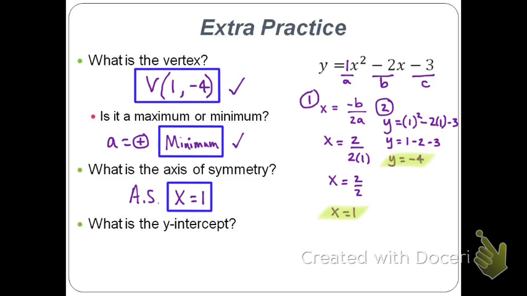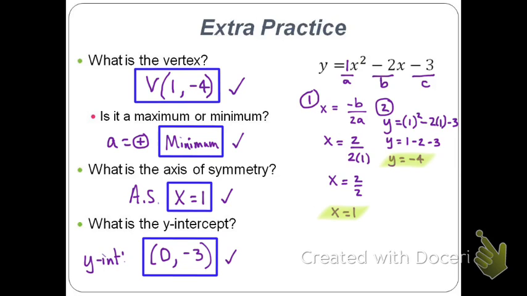The y-intercept is 0, -3, and that would be your y-intercept. So we got the axis of symmetry, the y-intercept, max or min, which came out to be a minimum here, and we have our vertex.